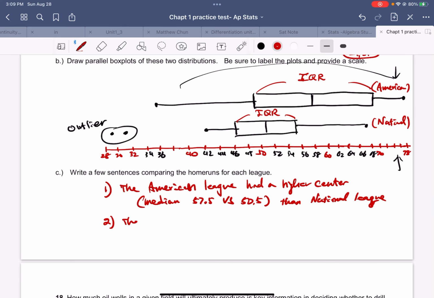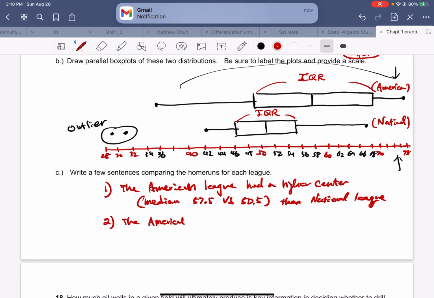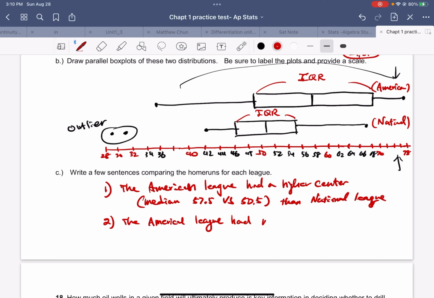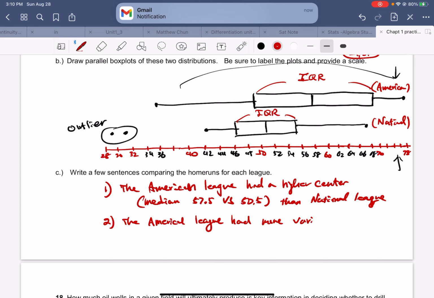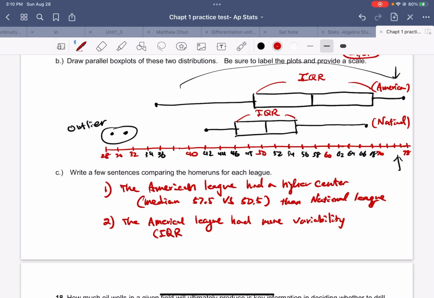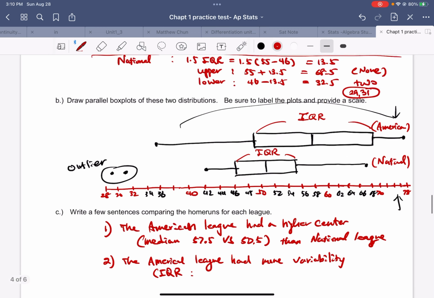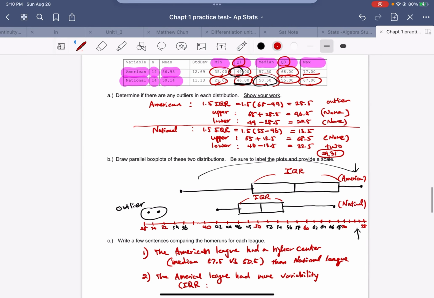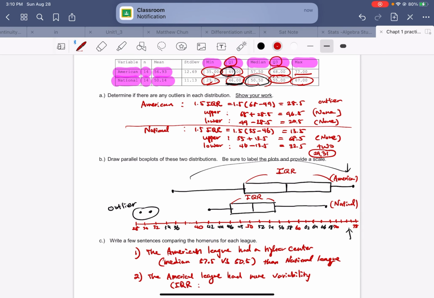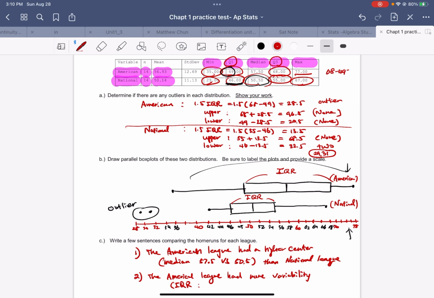So you can say the American League had more variability, because the interquartile range for American League is Q3 minus Q1, so 68 minus 49, that is 19.